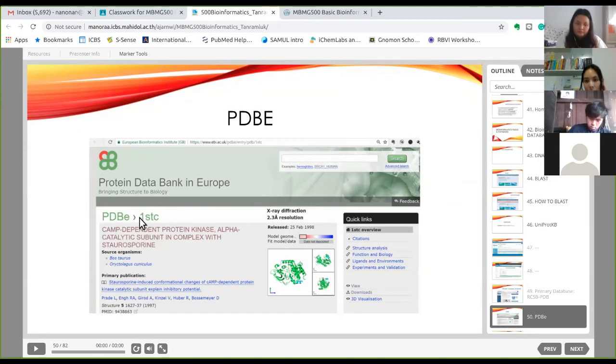So in this case, 1STC can be used widely across all the Protein Data Bank resources to basically mean cyclic AMP dependent protein kinase in complex with staurosporine. And you can download the structure in PDB file format from this button.